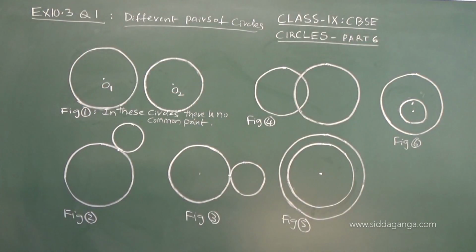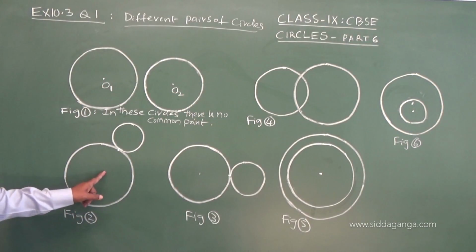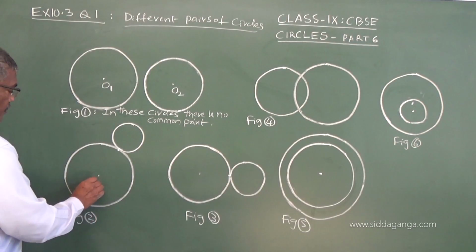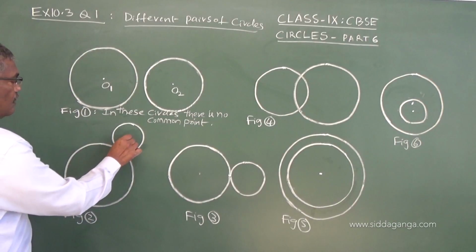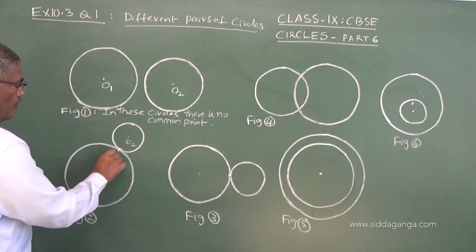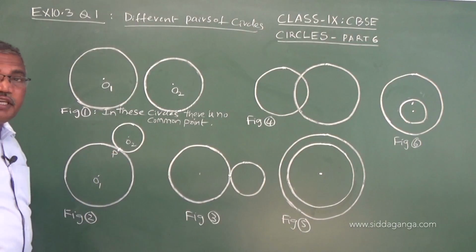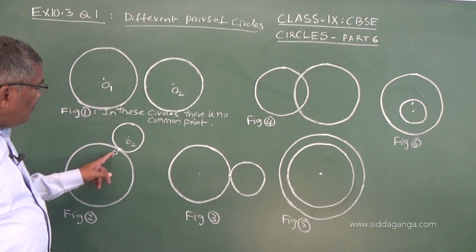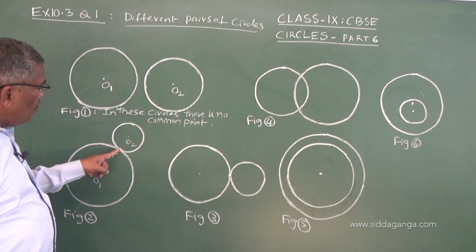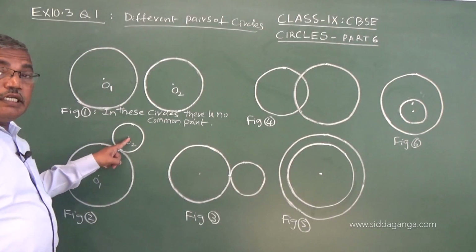Now let us come to figure number 2. As you can see, this circle with center O1 and circle with center O2 are touching at one point. Let us call this point P. The point P is on the circle with center O1. It is also on the circle with center O2.